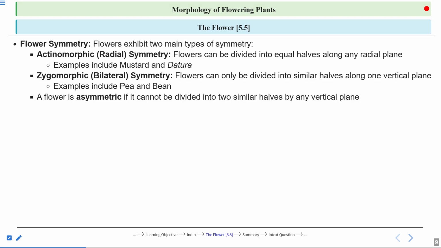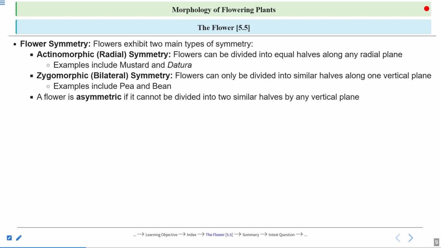Coming to the zygomorphic or bilateral symmetry. Bilateral symmetry means only one plane passes through the central axis and divides the flower into two equal halves, left half and right half. So that is showing bilateral or zygomorphic symmetry, right?